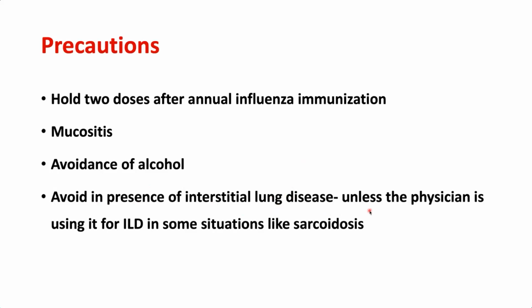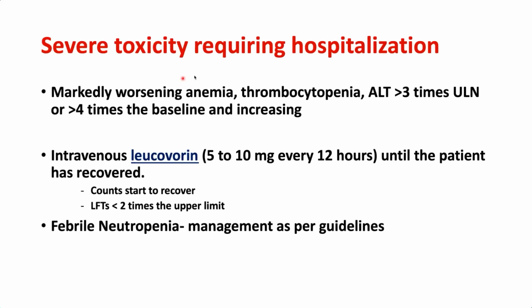If there is interstitial lung disease, it should be avoided unless the physician is using it for sarcoidosis, interstitial lung disease, and sarcoid can also present with uveitis. So there you can use it, but in other conditions, probably I'll avoid using methotrexate.